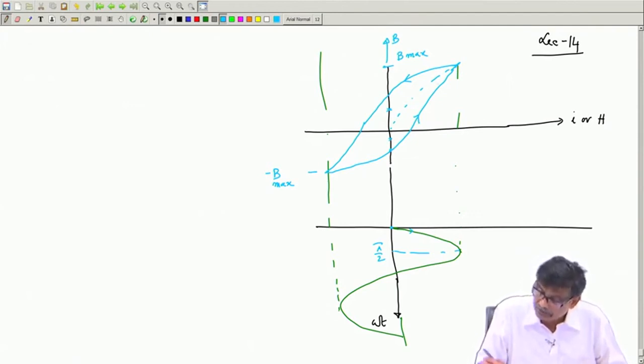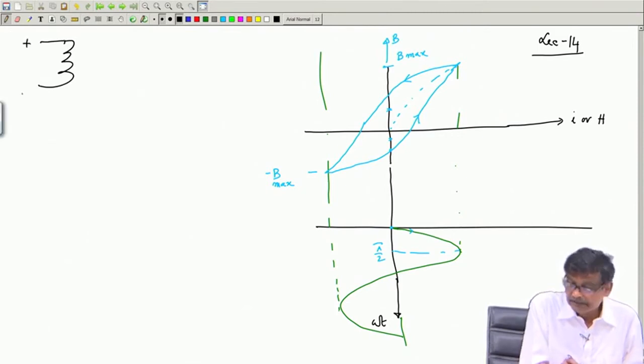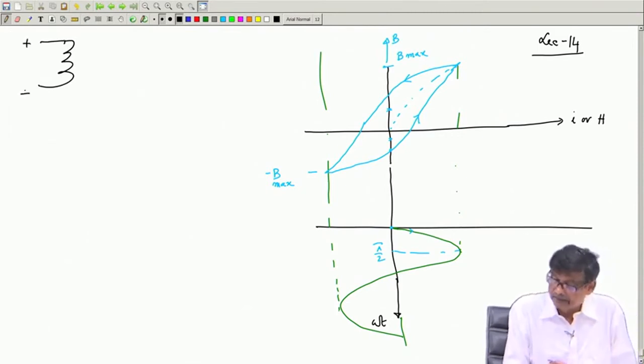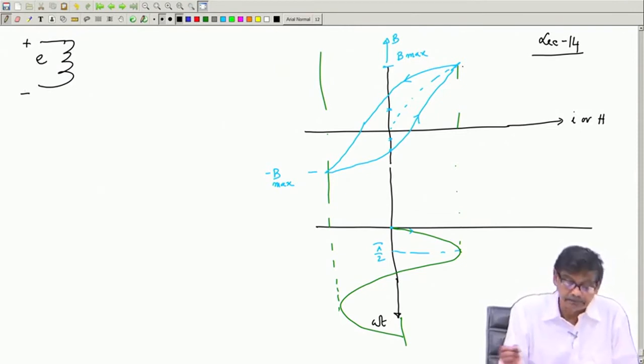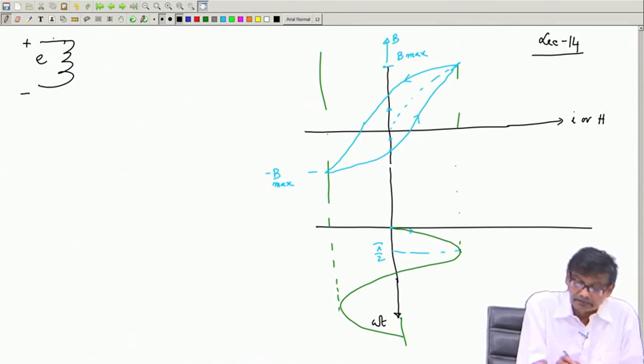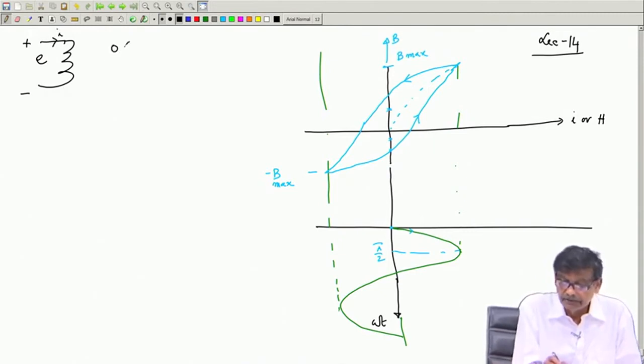So, during this process, the coil voltage will be just like this. Applied voltage is positive, negative, and why will the induced voltage be positive? Because d phi/dt is positive and current is also positive. So, energy will be absorbed. This is between 0 to omega t equal to pi by 2.